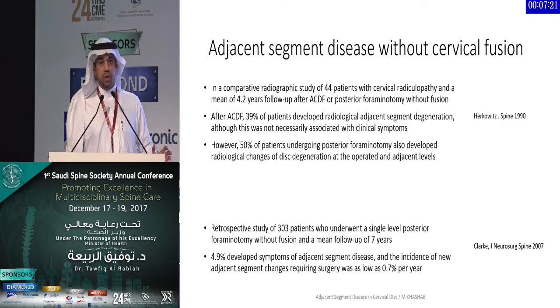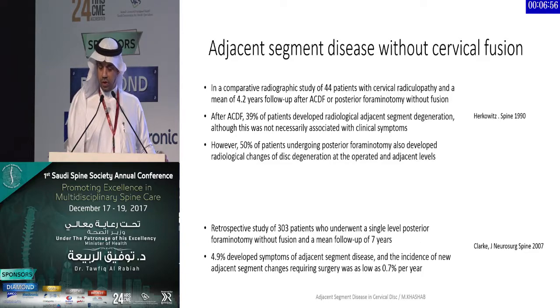So is it possible to develop adjacent segment disease without having any fusion? Looking at the series talking about foraminotomy, which is a posterior procedure, we found that in 1990, they described up to 50% of patients who have just a foraminotomy can end up with adjacent segment disease or even at the same level.